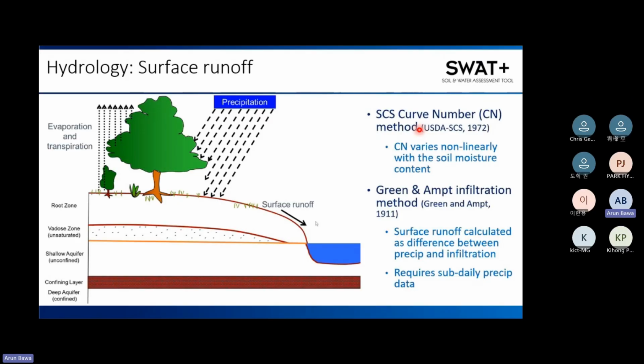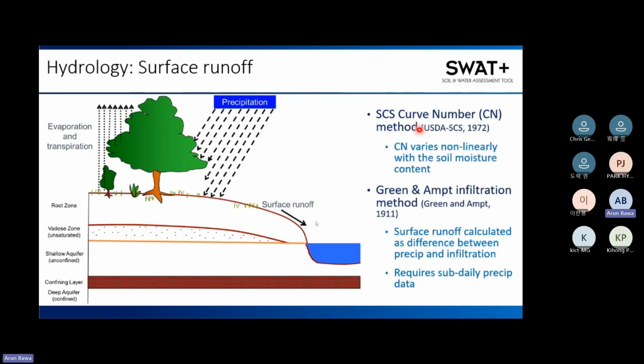So all these combinations of land cover and soil... you don't need to do all these things. You just provide your soil properties and your land cover properties, and everything else is done within the SWAT. It will assign a curve number to each location based on your properties and calculate the surface runoff.